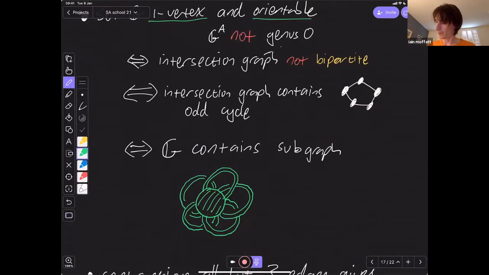And if the intersection graph contains an odd cycle, that means that my original ribbon graph must contain something that looks like this. The idea here is that all of the edges are interlaced pairwise, so you have this sequence as you go around of interlaced pairs.